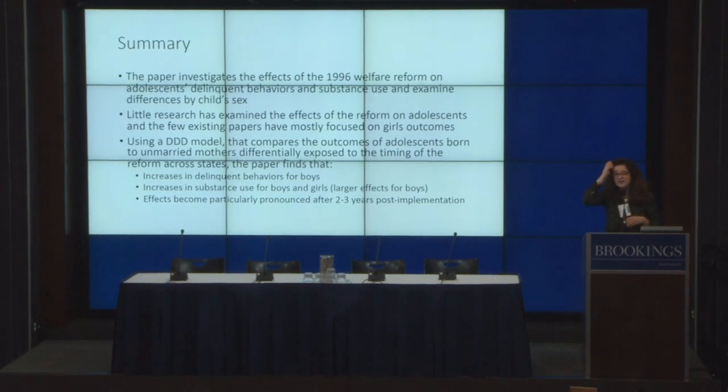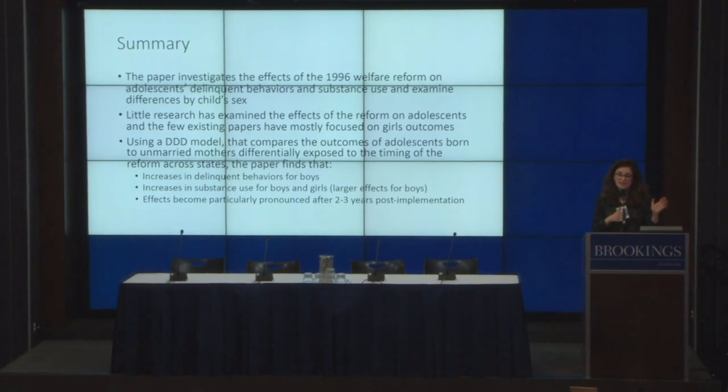And in their event time study analysis, which Hope didn't have time to show, but in the paper they do show, these responses tend to become salient 2 to 3 years post welfare reform implementation.